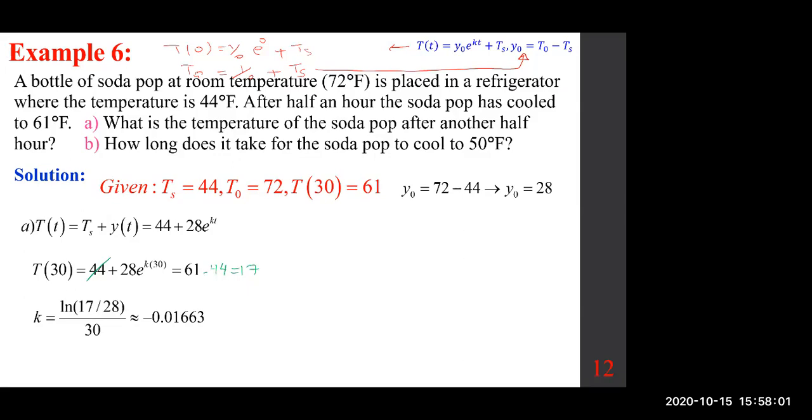So the next step: e to the power of 30k is 17 over 28, everybody. The next step is taking a natural log.